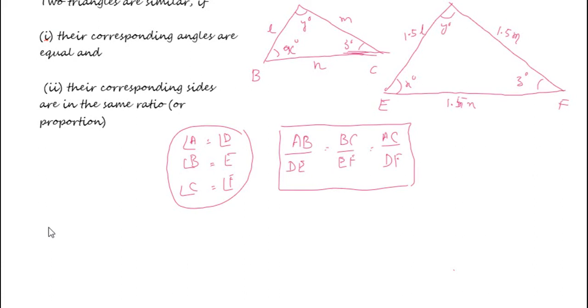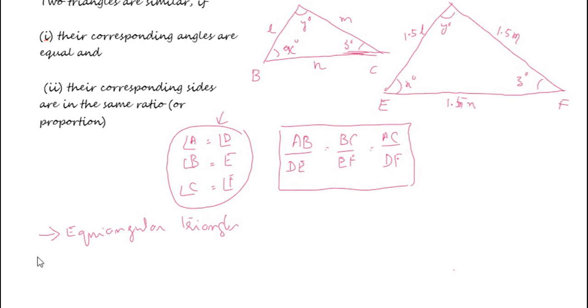If corresponding angles of two triangles are equal, then those two triangles are known as equiangular triangles. That is, the triangles are equiangular if the corresponding angles are equal. This one condition satisfied.